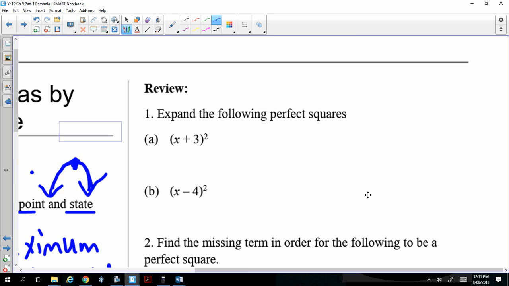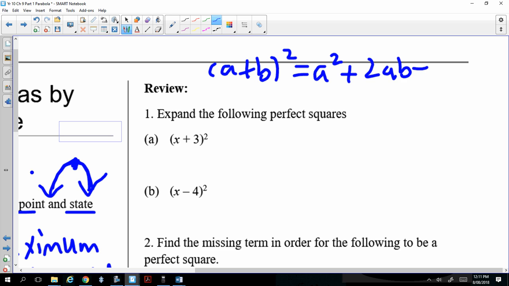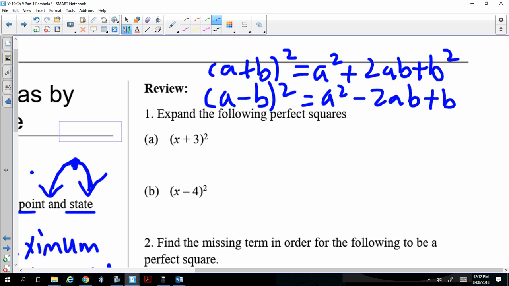Okay, let's look at this, revise. How to expand this. So hopefully I can write this here, (a + b)². If you remember this formula, this is the perfect square formula. We learned that before in chapter 8, and you should know this very well by now. So there are 2 of these, one with the plus, one with the minus. Now we're going to use the one on the top to do the first one.